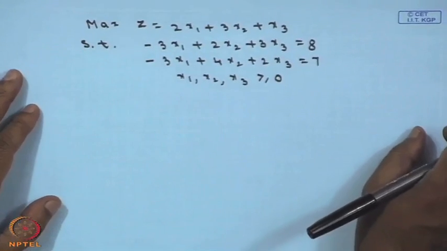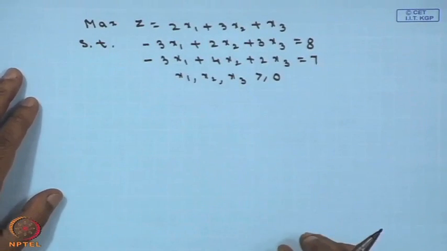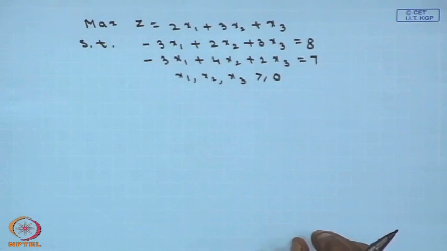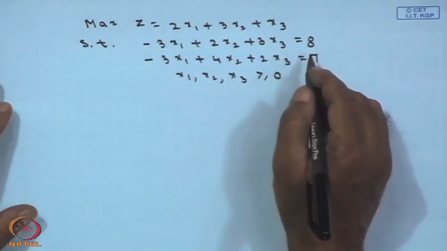We want to solve it using the two phase method. Please note one thing, that here both are of the type equality constraints.